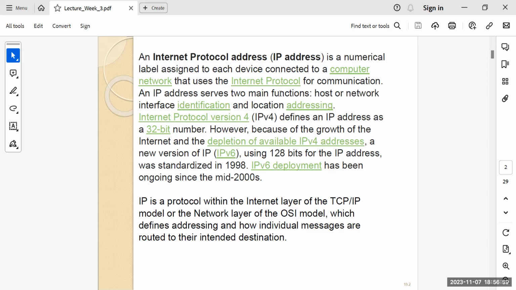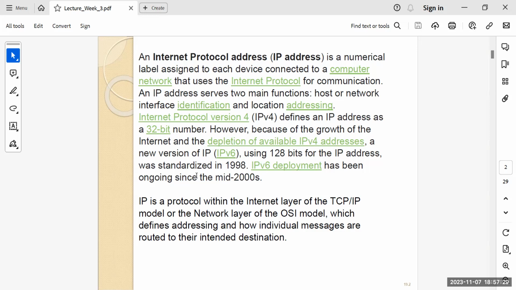An IP address serves two main functions: host or network interface identification and location addressing. We're going to see that shortly. IP version 4 defines an IP address as a 32-bit number. However, because of the growth of the internet and the depletion of available IPv4 addresses, a new version, IPv6, that uses 128 bits for the IP address, got standardized in 1998.